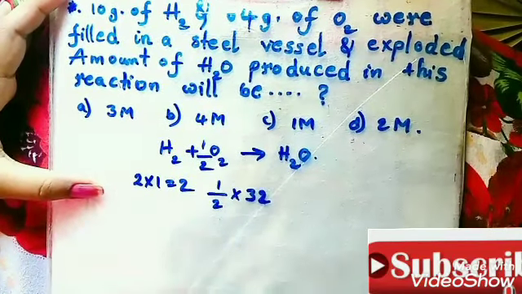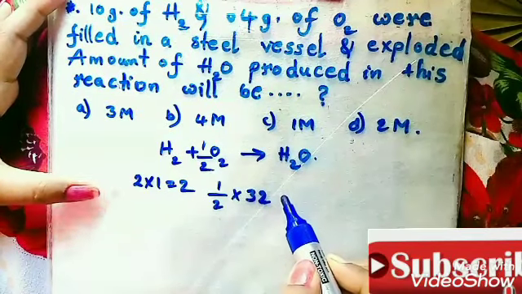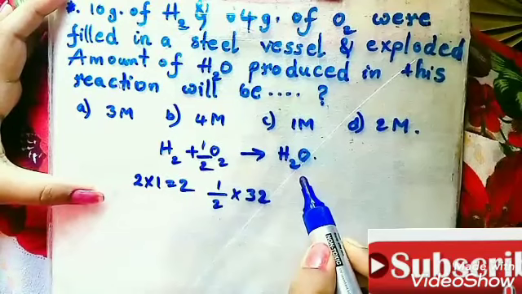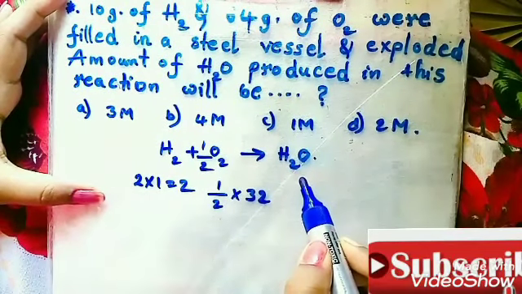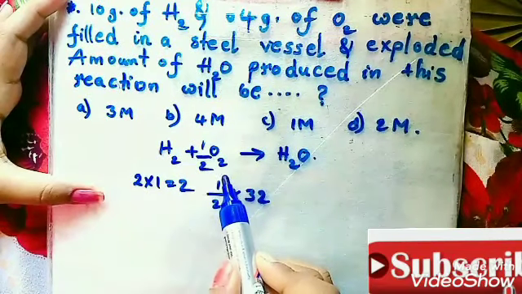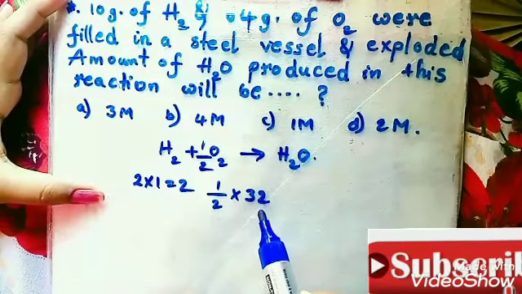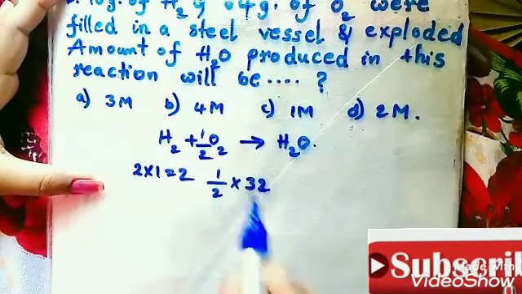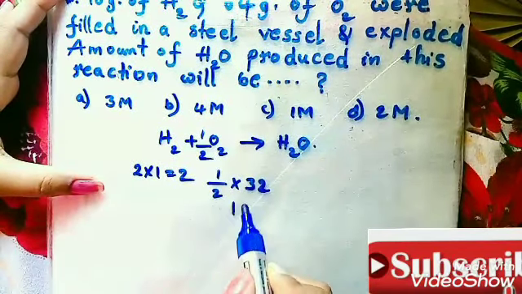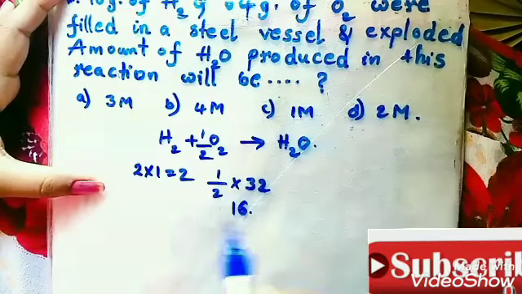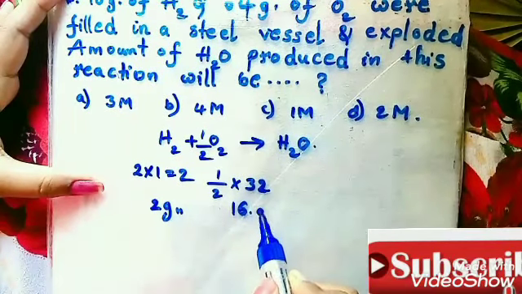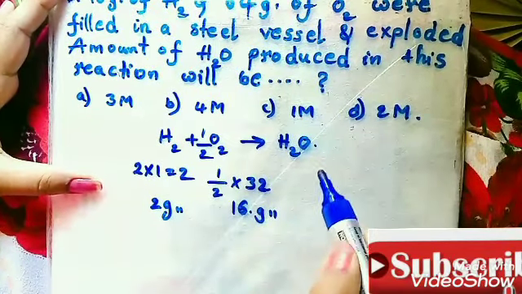Why? Because the atomic number of oxygen is 8 and the atomic mass of oxygen is 16 for a single O, and here it is O2, so 16 into 2 is 32. Half into 32 is 16, so hydrogen is 2 grams and oxygen is 16 grams.